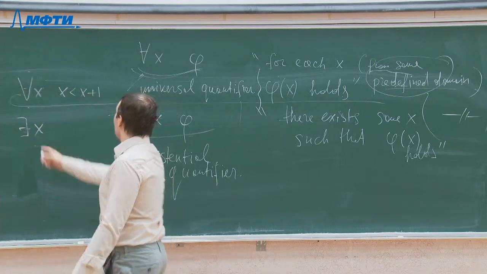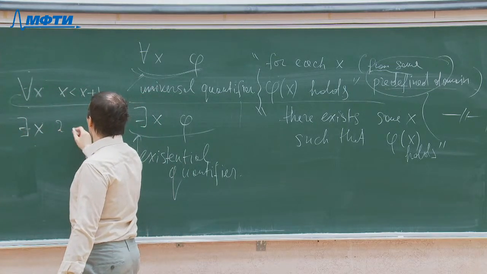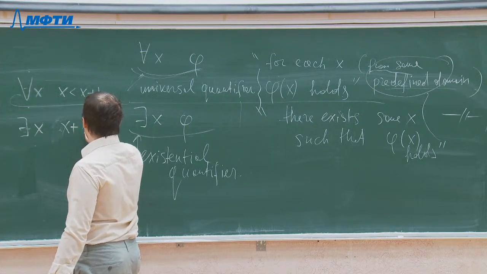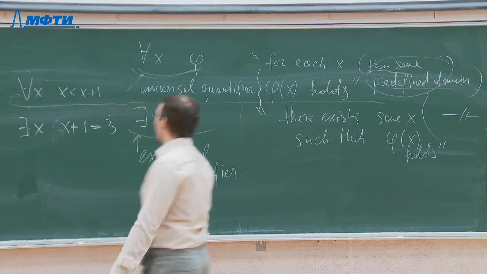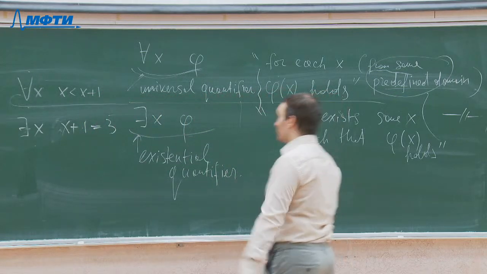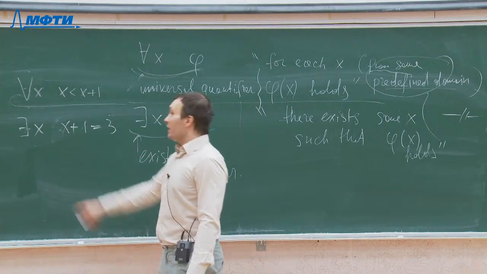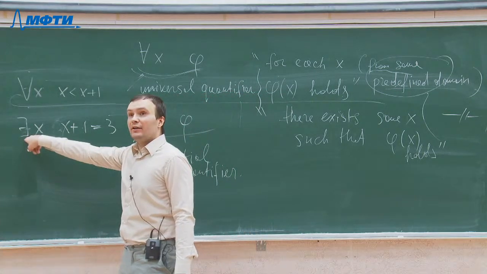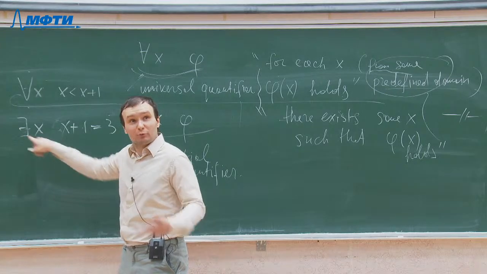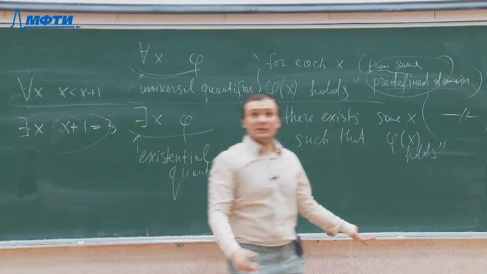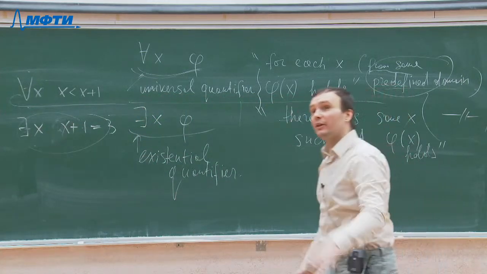There exists x such that 2x plus 1 equals 3. That's also true, of course. But if we had a universal quantifier here, this wouldn't be true. There is some difference between the two, okay?